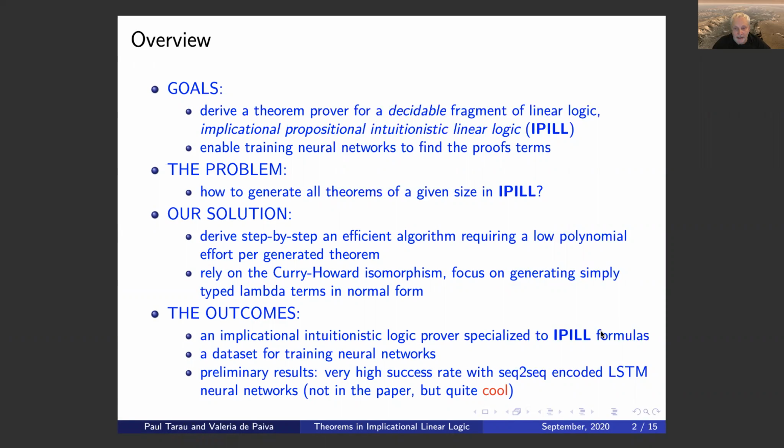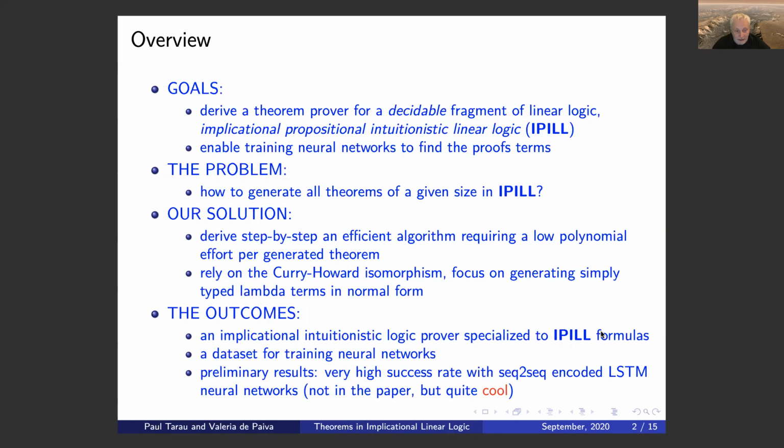We'll abbreviate it IPL for now, and we would like to do that partly to be able to enable training neural networks to find the proof terms once we have enough data generated by having a theorem generator for this particular logic. So how to generate all theorems of a given size, that's then the problem that we would like to solve.